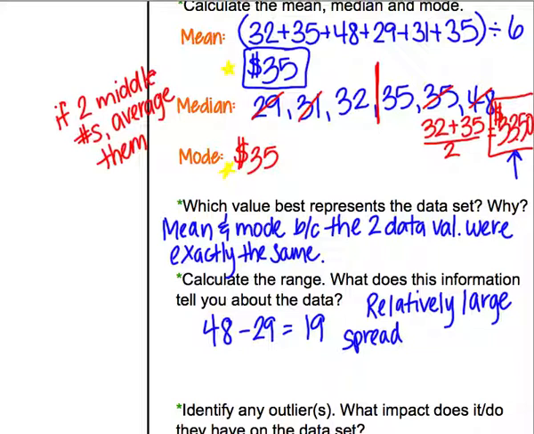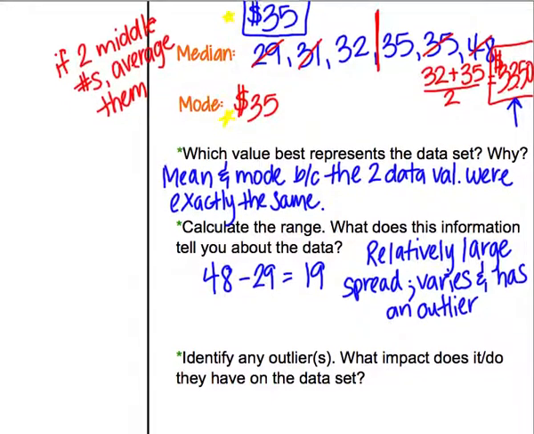It varies, and I'm seeing, which we're going to talk about in just a second, that it has an outlier, which is what is causing this variable spread.